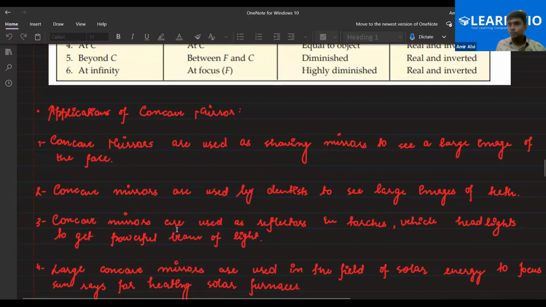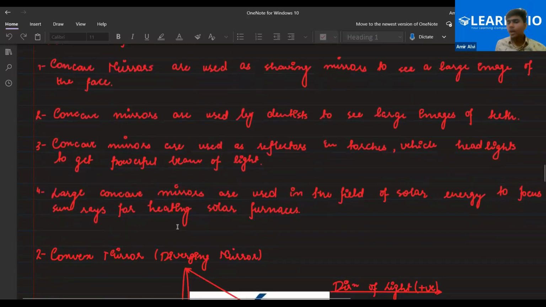of light. A parallel beam of light is produced when the light source is placed at or near the focus. Next, large concave mirrors are used in the field of solar energy to heat up furnaces.